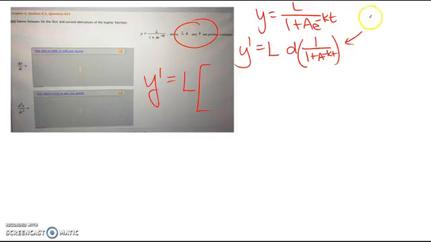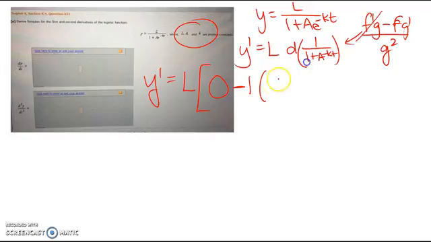Quotient rule: f prime g minus f g prime over g squared. The derivative of the top is 0, so that first term is going to be 0. Then minus the top, which is 1, times the derivative of the bottom.